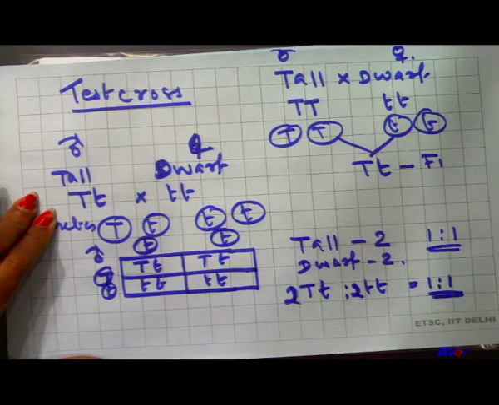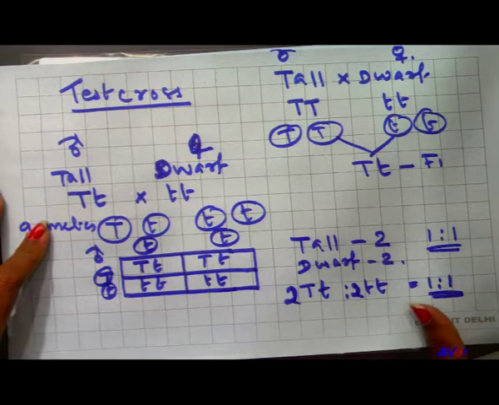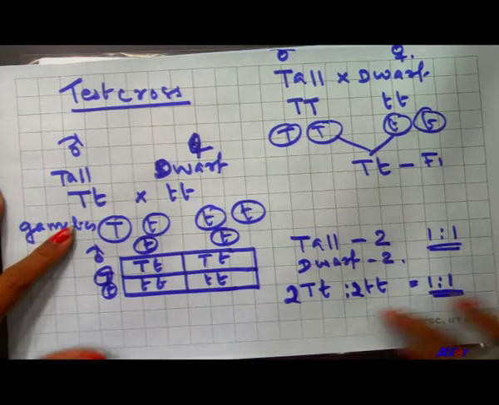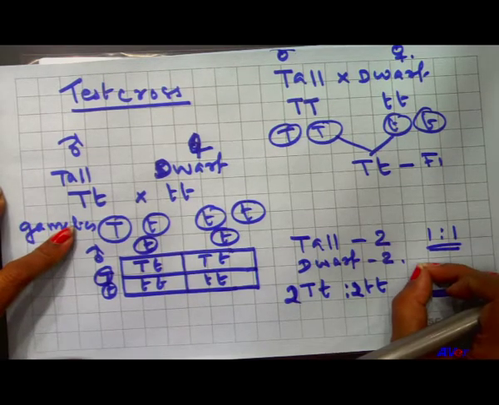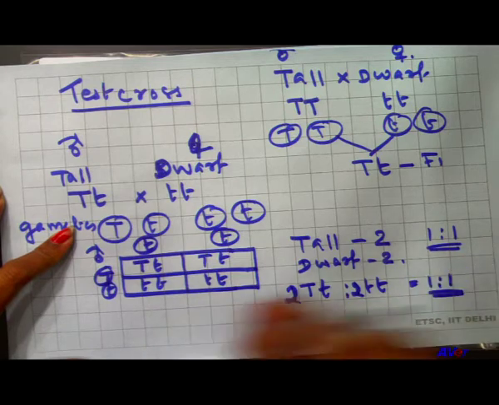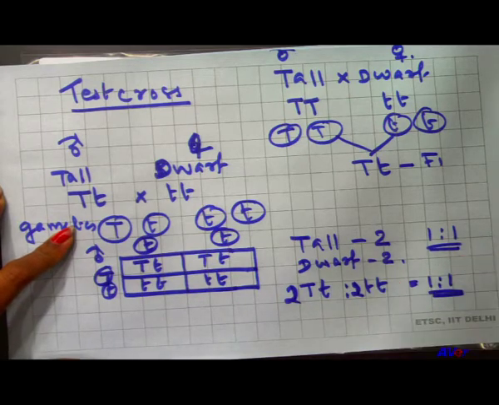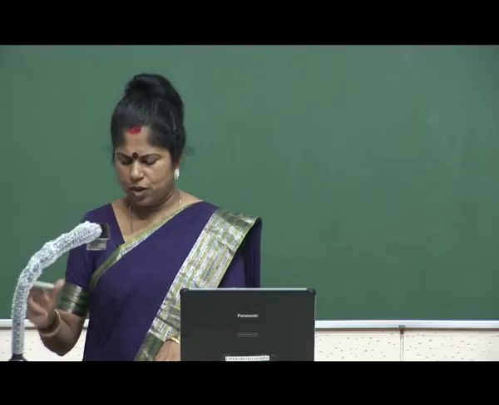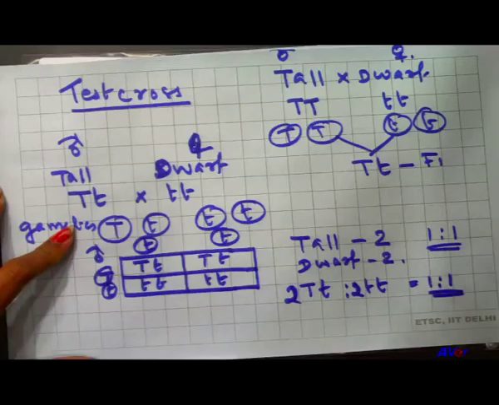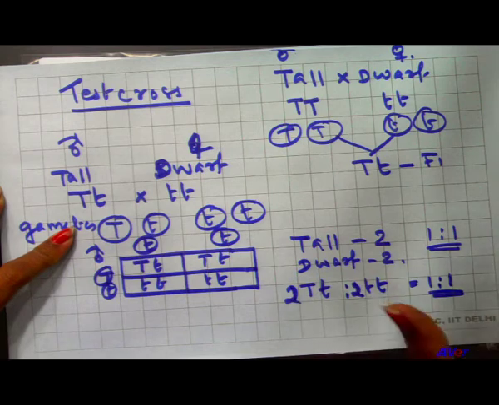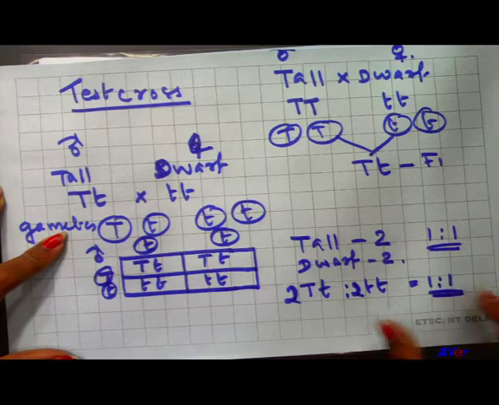So here comes yet another application question. Name a cross in which the phenotypic and genotypic ratio remains the same. One such case is test cross. In this chapter we will see another condition also. In the test cross, whether it is a monohybrid test cross or a dihybrid test cross, the phenotypic as well as genotypic ratio will remain the same.